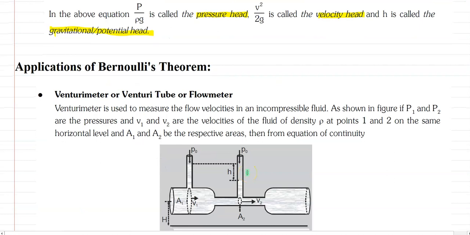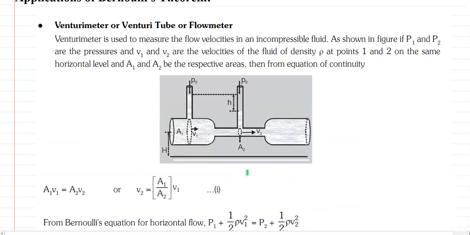Here are some applications. Another is the venturimeter tube or flow meter. By this tube, we can measure the speed of flowing water of a river or a drain or any other different conditions.